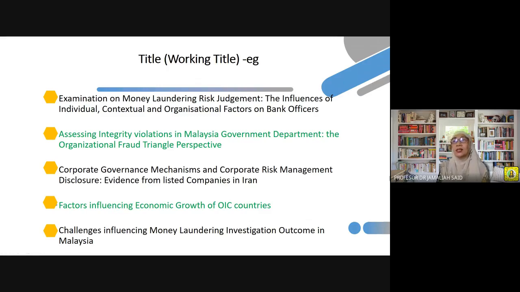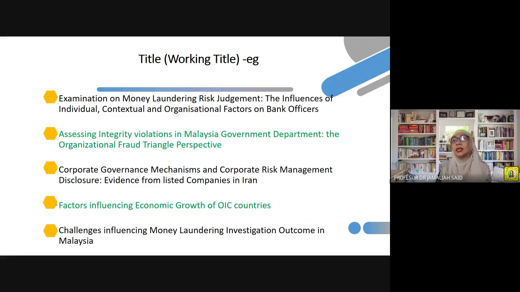And organizational factors, there are many, maybe the leadership, maybe the culture, maybe the structure. So we do not know. But from the title, we know these are the three things that the student intends to examine: individual factors, contextual factors, organizational factors on the ability of these people, bank officers, to make a good judgment of money laundering risk.